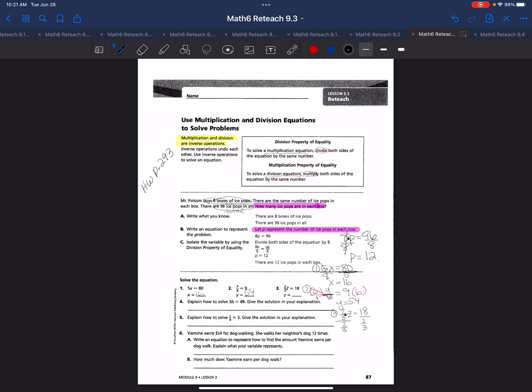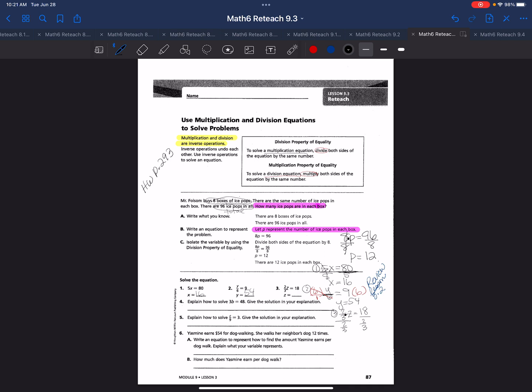Yes, this is not very pretty, but you can do it. So I want you to go back and review lesson 3.2 if you're having trouble with this one and remembering how to divide fractions by fractions.